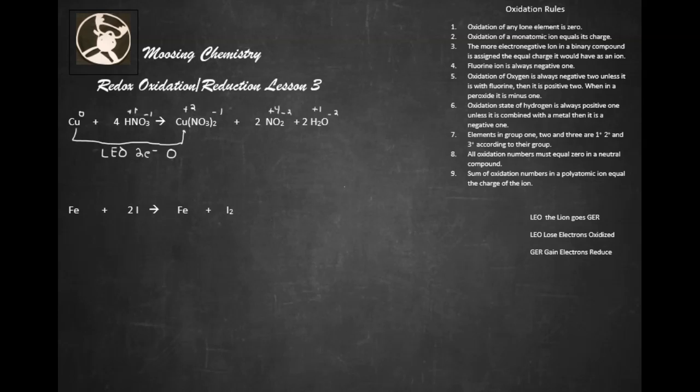The last one we need to look at is, okay, our hydrogens don't change. And let's see what else here. This nitrogen right here is a +5, and it's a +4 over here.